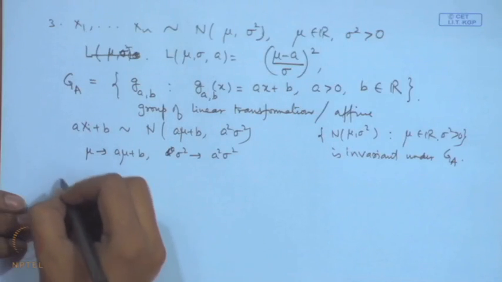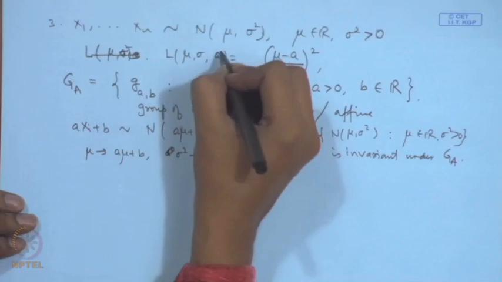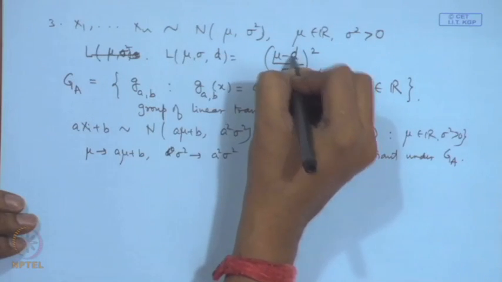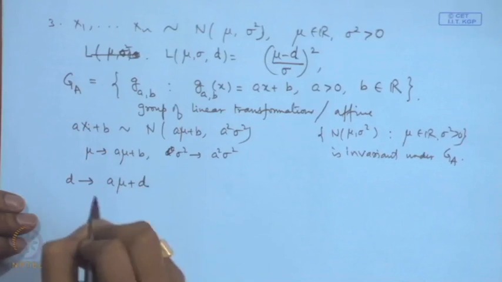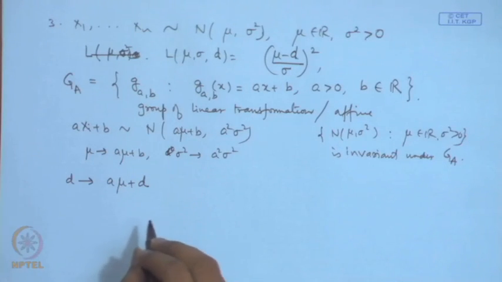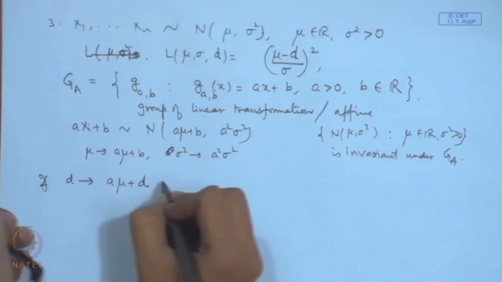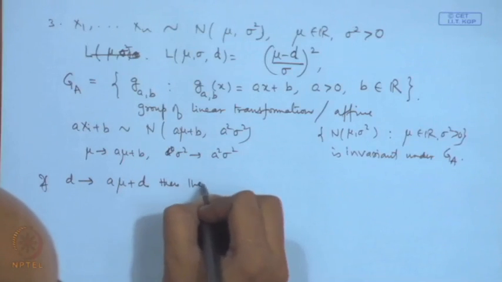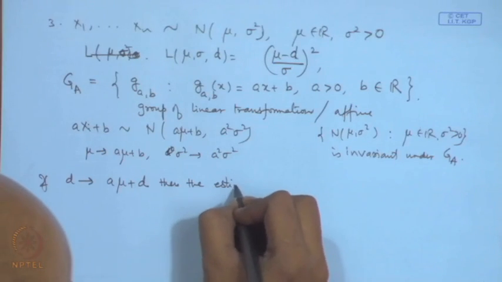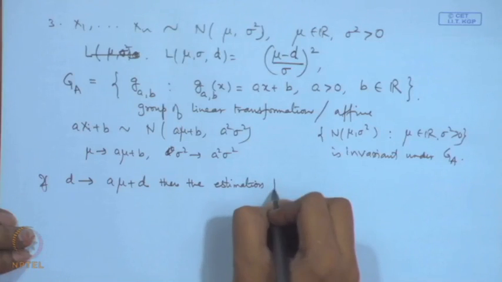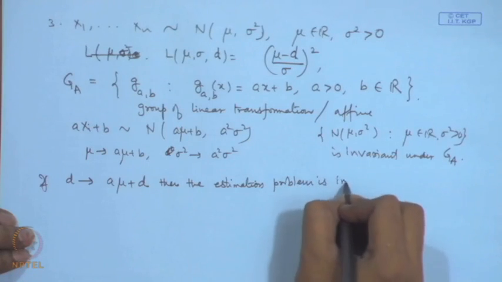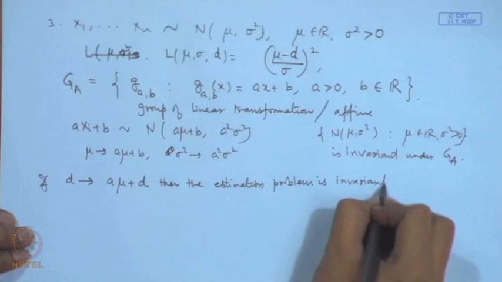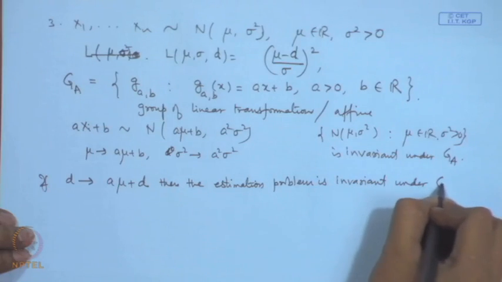Therefore, if I want to consider d, then d should go to a mu plus b. Then the estimation problem is invariant under the group G.